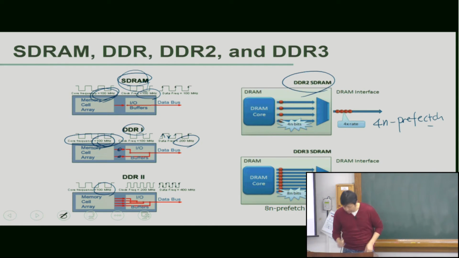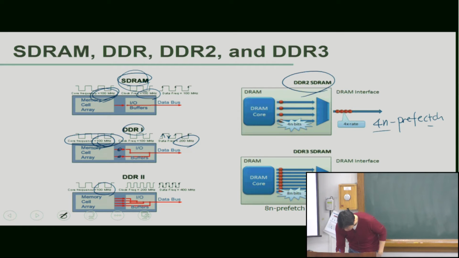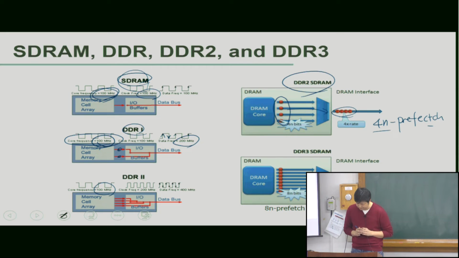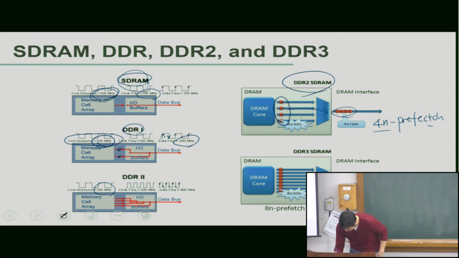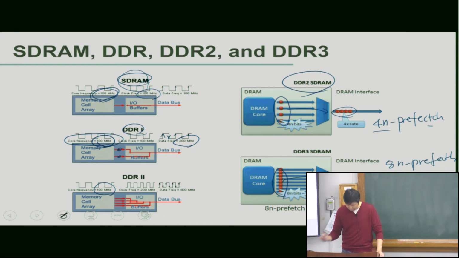You read 4 times more data and then serialize it, outputting it at a 4x rate. Likewise, DDR3 DRAM is called an 8N prefetch architecture, because now you read 8x more data compared to the original SDRAM together, and then you stream it outside of the chip using the I/O at an 8x higher data rate.